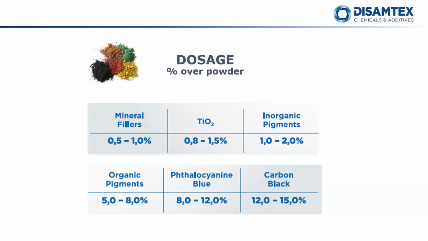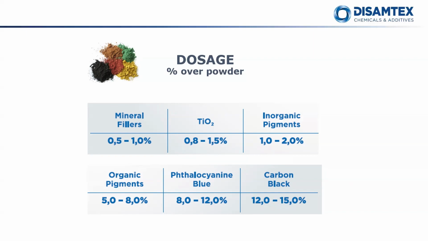These are typical dispersant dosage ranges expressed as percentage over pigment weight. Low surface area materials like mineral fillers and titanium dioxide require relatively small amounts of dispersant. Inorganic pigments need slightly higher dosages due to increased surface activity.